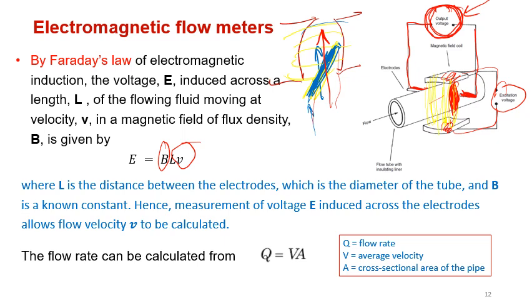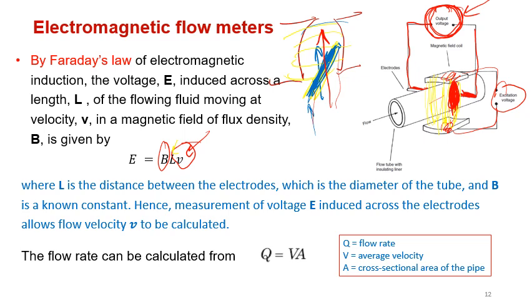Flux is not going to change. And L is the length of this piece, which means it's the diameter of the pipe. So the only factor remaining is V. So only the velocity is going to be measured in this case.